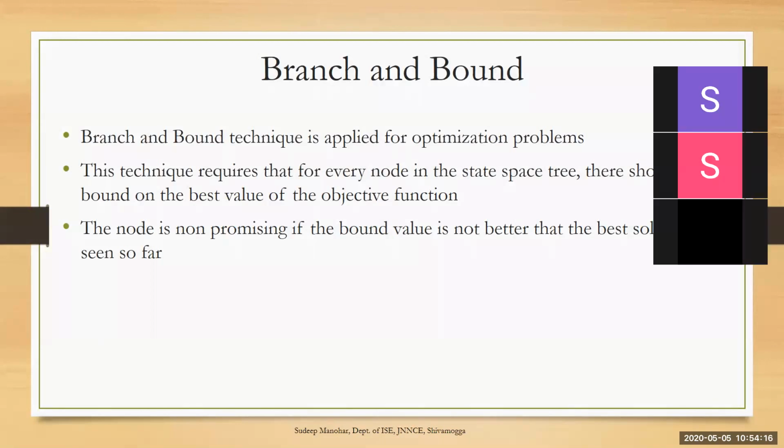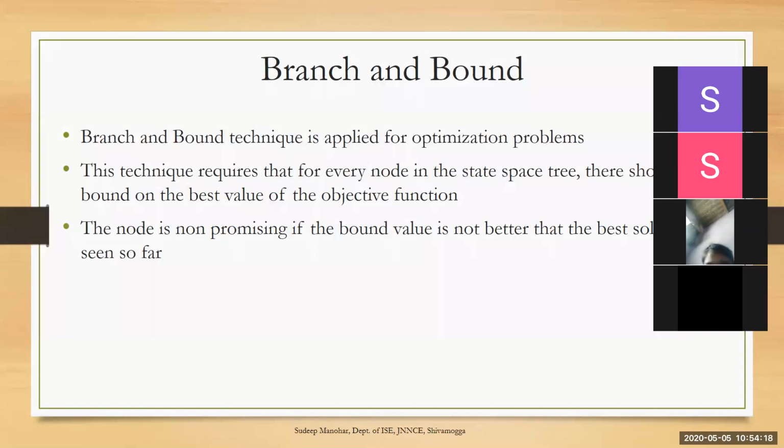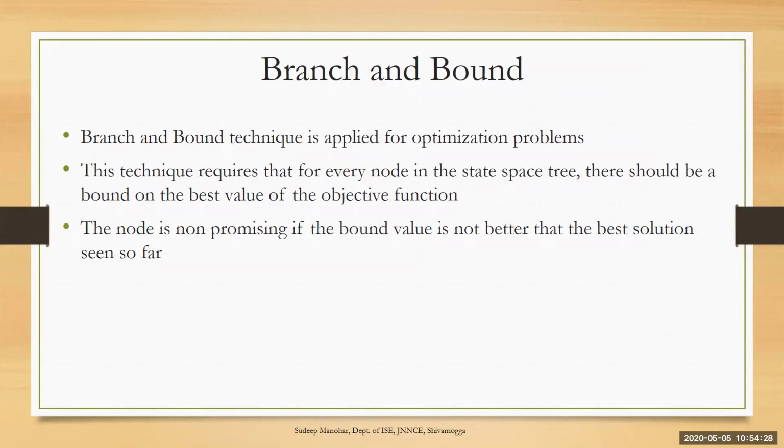The node is non-promising if the bound value is not better than the best solution seen so far. So we have learned in the previous backtracking method that there are two types of nodes. One is promising node, other one is non-promising. So what is promising? Promising means if the node leads to solution, then we call it as promising node and we continue with that node. And what is non-promising? If the node doesn't lead to any solution, we call it as non-promising node, and we don't use the node any further.